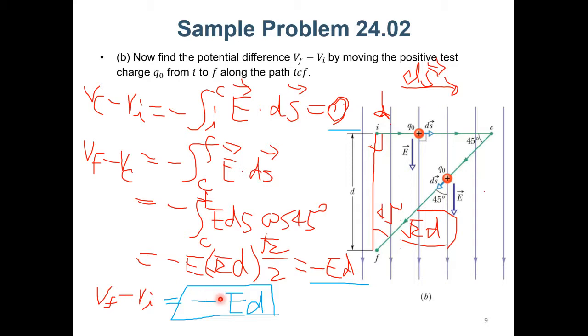When you learn engineering math, the calculus, you will define a term called conservative field. It has the same property as this one, and actually the E field is one of the conservative fields.